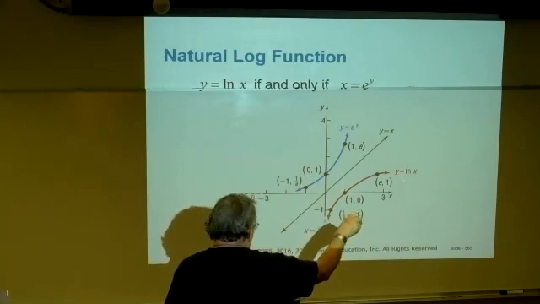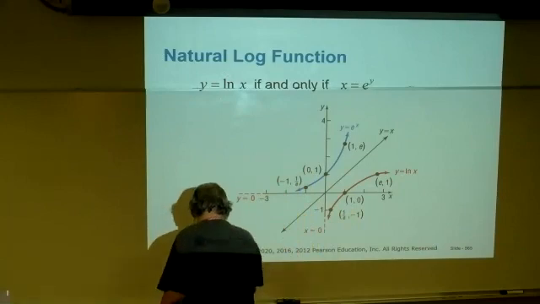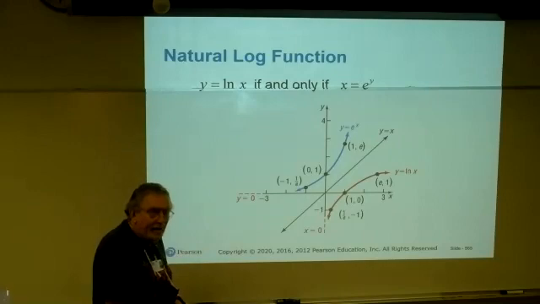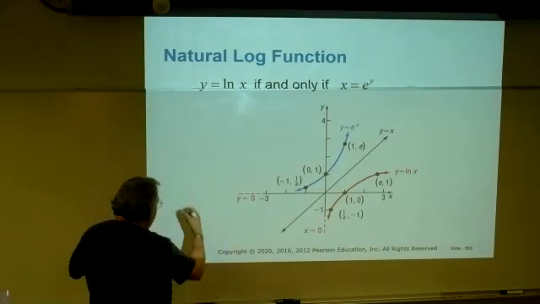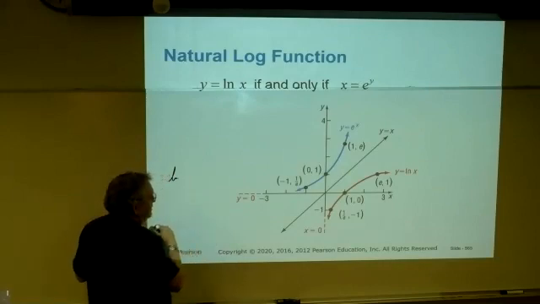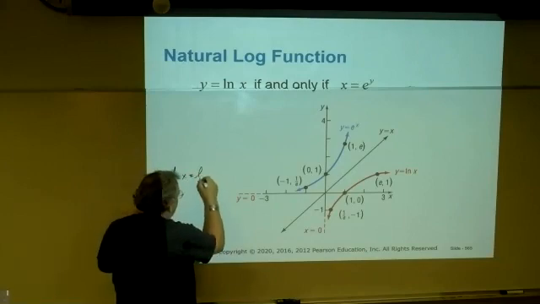This is an L. I wish they used a different font here. Textbooks are notorious. It looks like 1N, but it isn't. It's LN. So I usually use script, cursive, LN. Natural log of x. All this means is log base e.